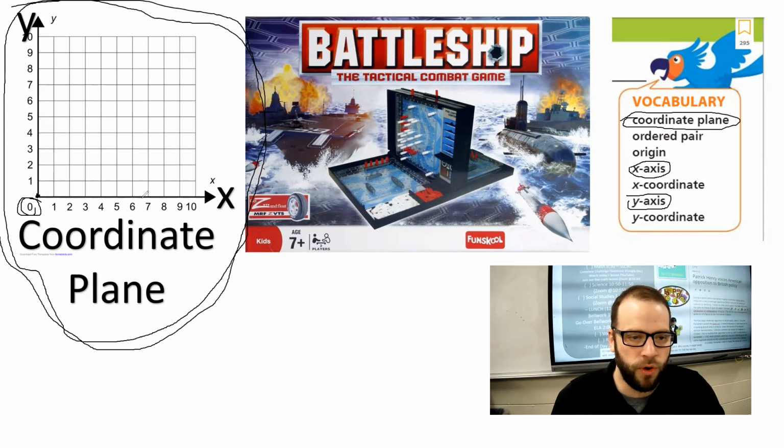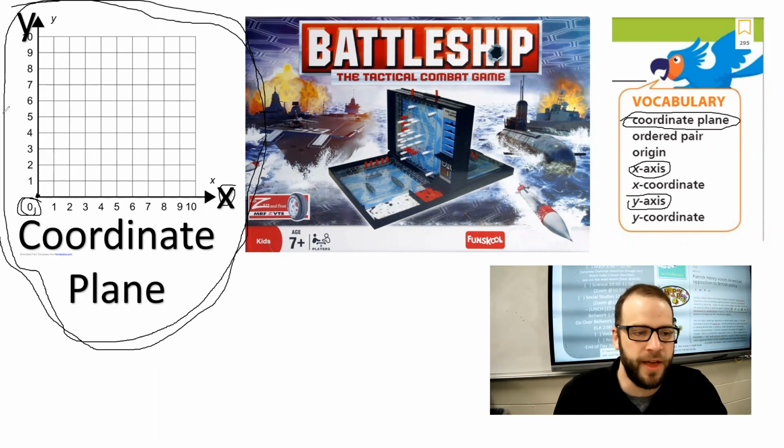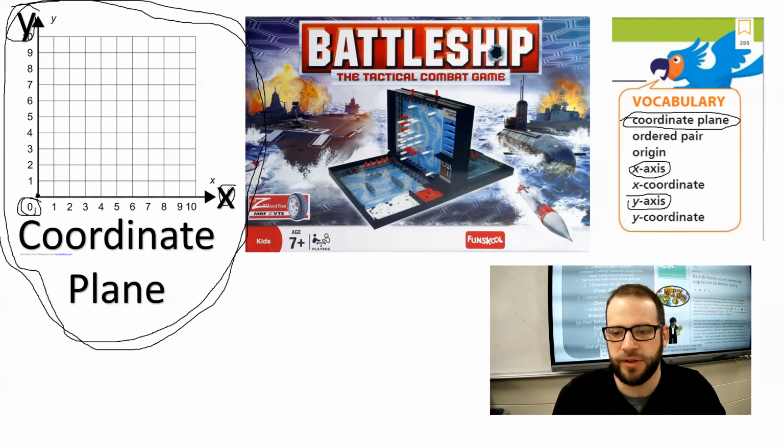So you go over, which is x. This is the x-axis. Some people call it horizontal, which means it goes left to right. And then you go up and down, called vertical, and the vertical is the y-axis. So left to right, x-axis, up and down, y-axis.